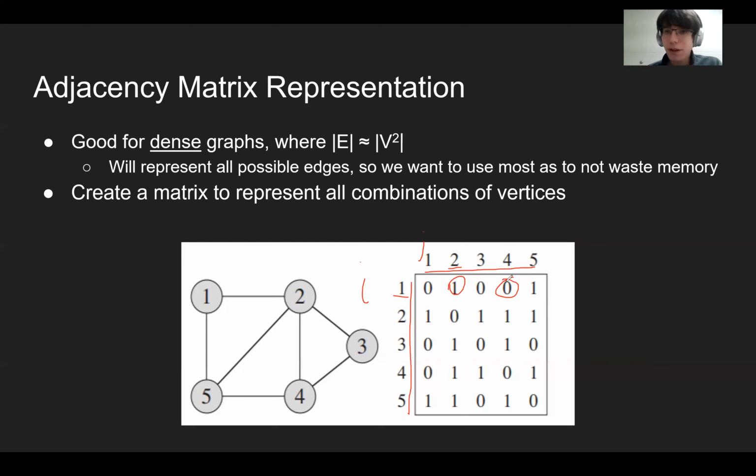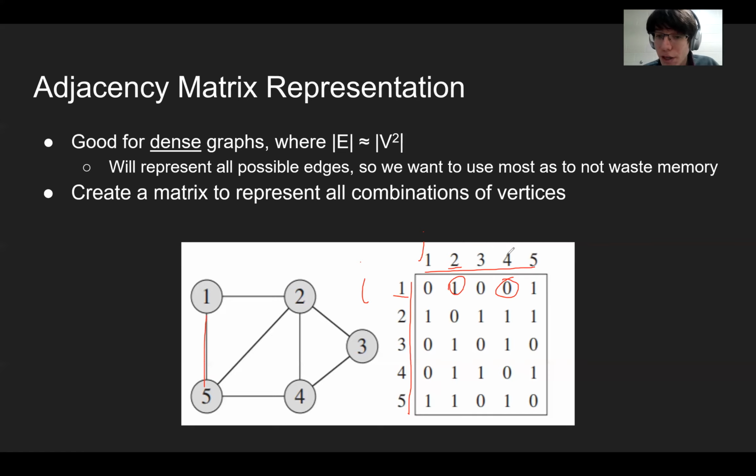So for every single edge, whether it exists or not, any pair of vertices in the entire graph, we're going to have some form of value or data. If unweighted, that's going to be a 1 if it exists and 0 if it doesn't. So from 1 to 5, we're going to have a 1 there.